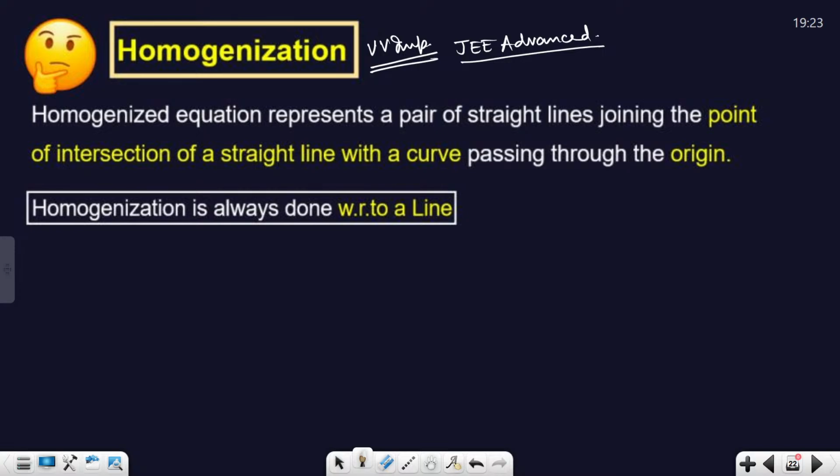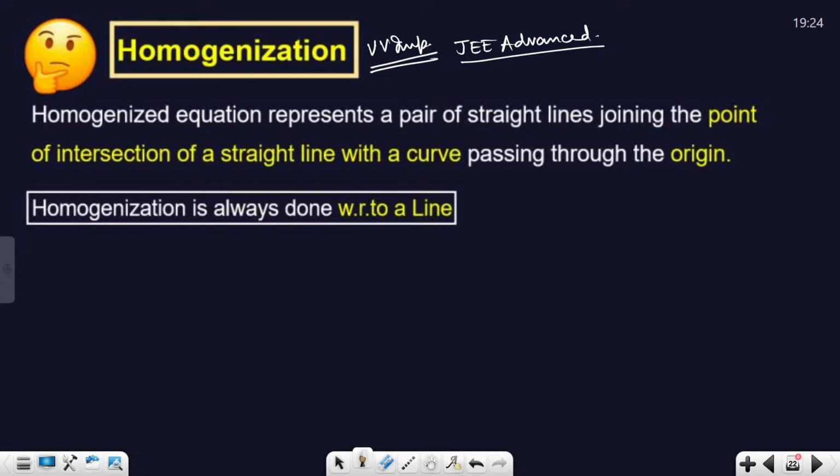If by any means we can homogenize an equation, that is, if we get a homogeneous equation of second degree, we know that it represents a pair of straight lines passing through the origin.